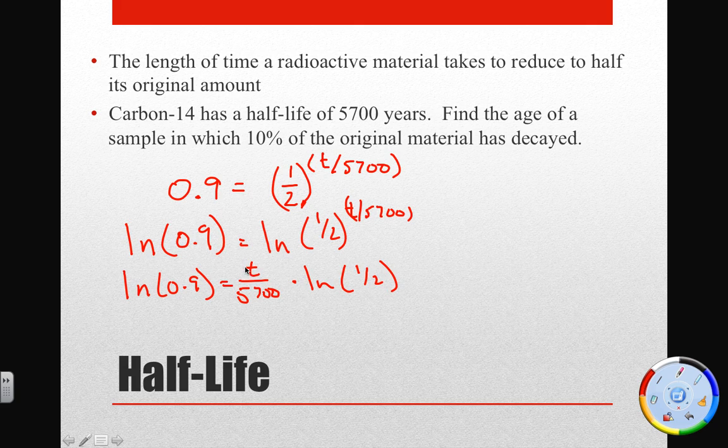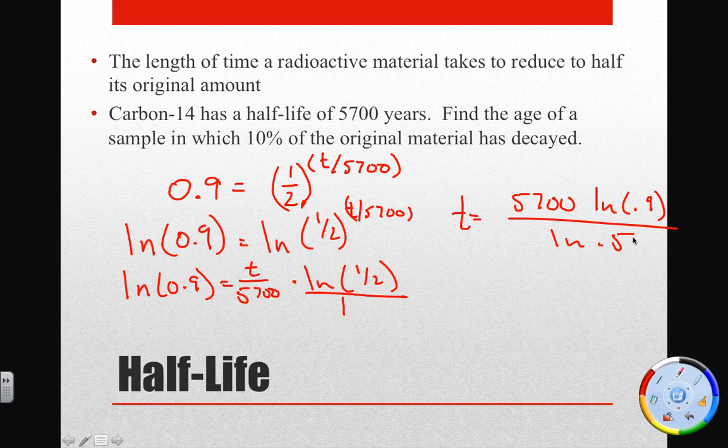And you're solving for t, so if you think of this as something over 1, it's natural log over 5,700. I can multiply by 5,700 and divide by the natural log of 1/2, so I get t is equal to 5,700 ln of 0.9 over the ln of 0.5.